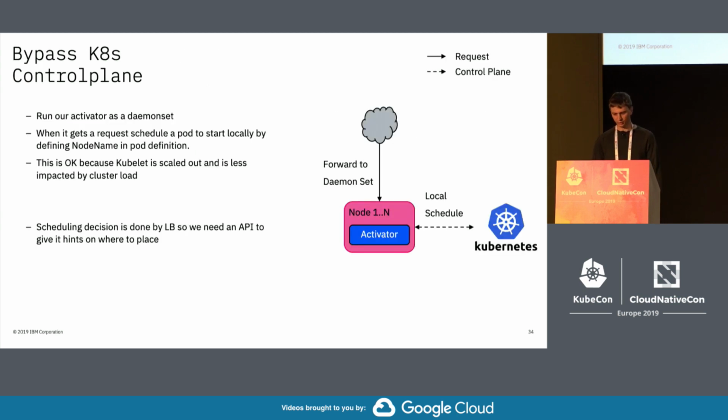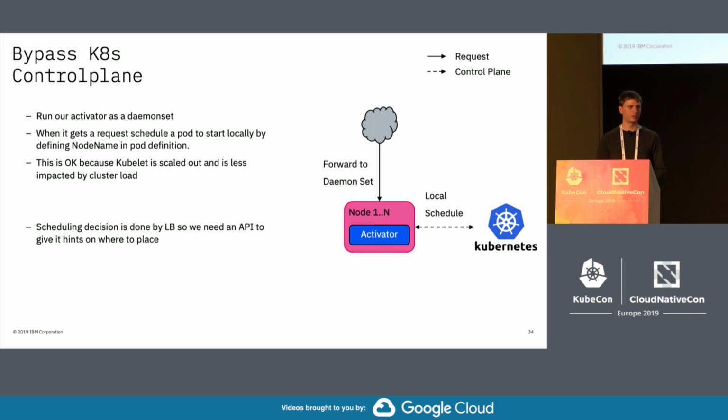So what we're looking at doing next, and we've done a fair bit of design work on, is bypassing this Kubernetes control plane. The idea is we can run the activator as a daemon set on Kubernetes. When requests come in, we'll be able to send them directly to the activator on one of the nodes, which can then do local scheduling.